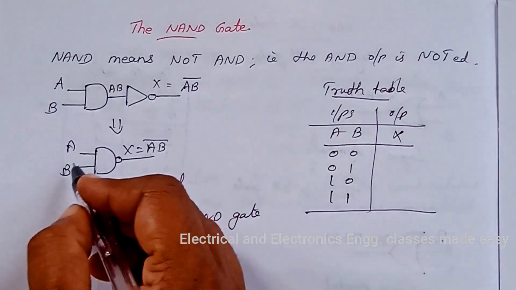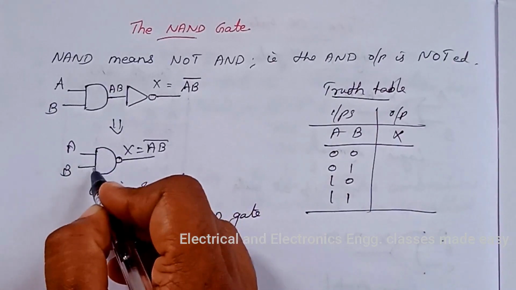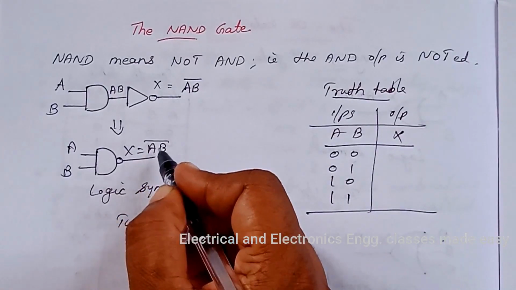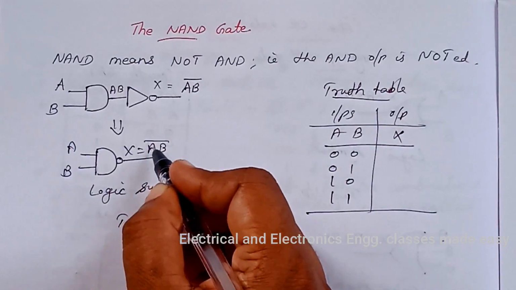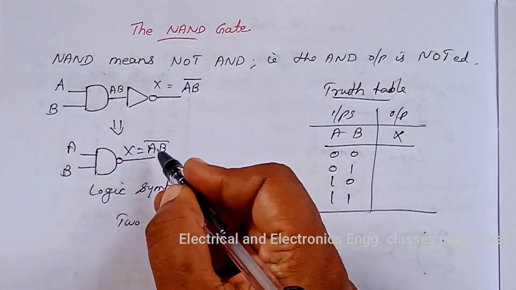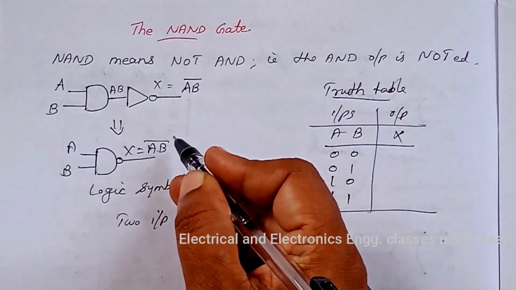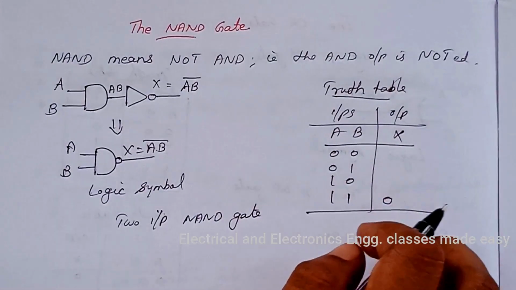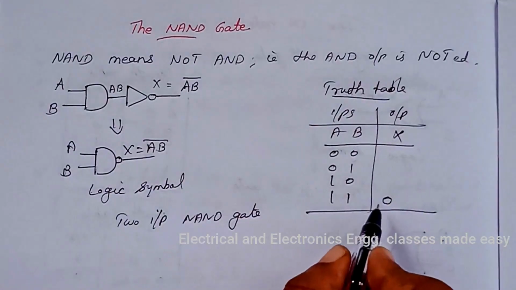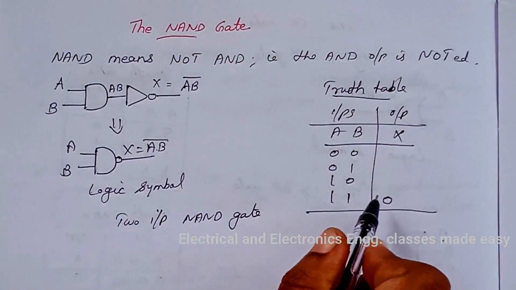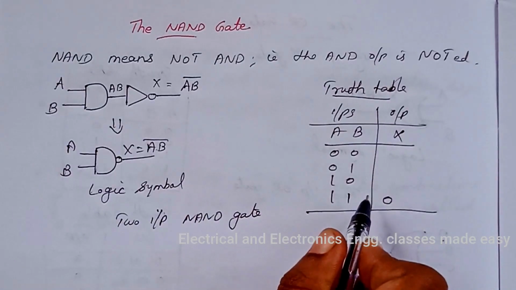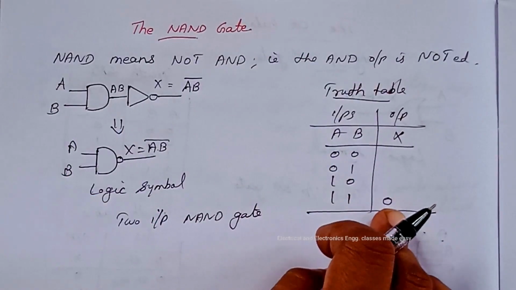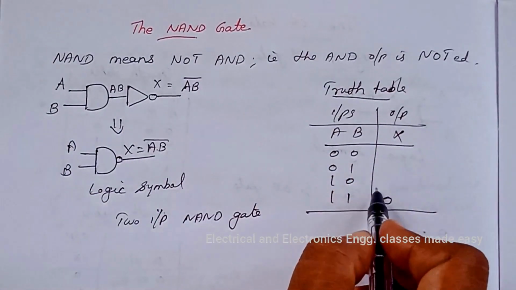That is, when both the inputs A and B are high, X is equal to 1 dot 1. 1 dot 1 is 1, and 1 bar, that is the complement of 1, is 0. So the output is logic 0 level only when each of the inputs assumes a logic 1 level. For any other combination of inputs, the output is a logic 1 level.